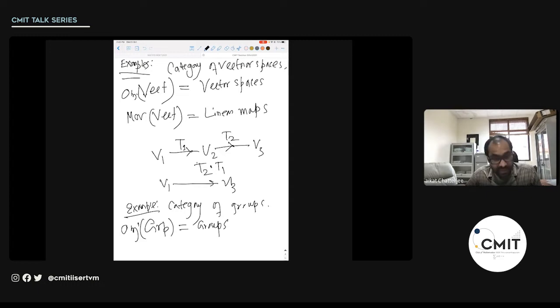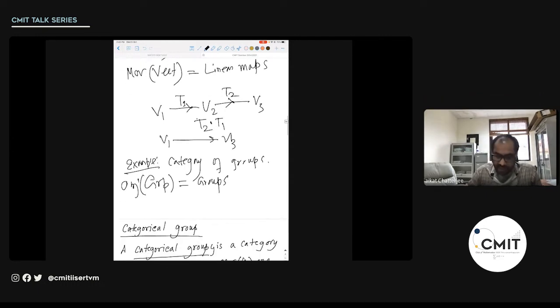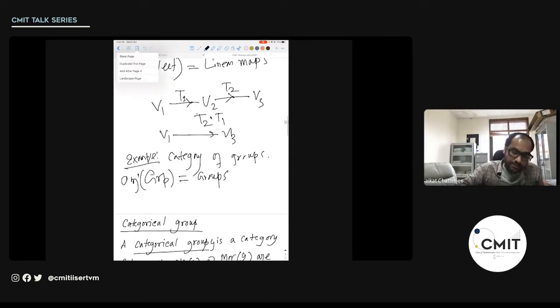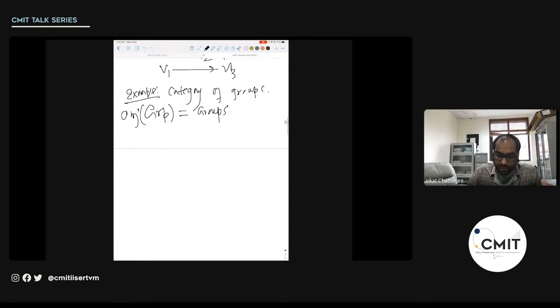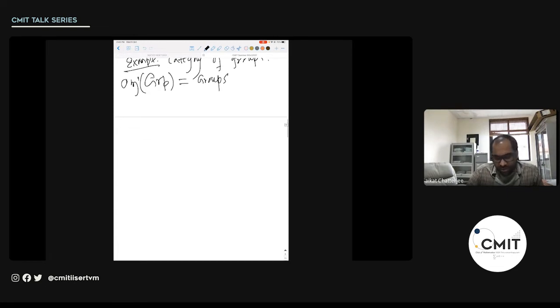That means an element of this set is a group, and as you can guess, an arrow is a group homomorphism. And sets, as I mentioned, you can also consider the category of sets. Another more trivial example you can consider.